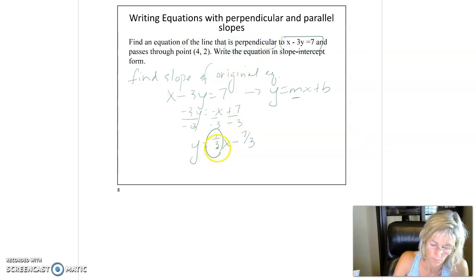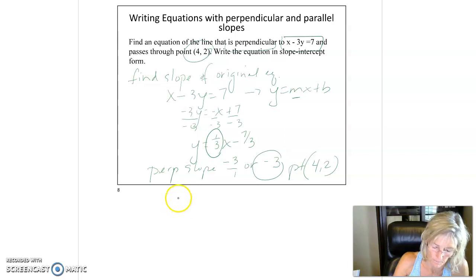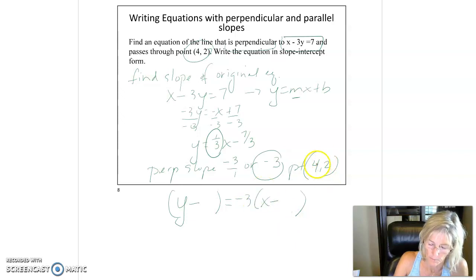So for a slope to be perpendicular to this, my perpendicular slope would be -3/1 or just -3. So now I have the slope and I have my point. Here's my slope and my point is 4, 2. So now I can use the point slope. y minus y1 equals my slope, which goes here, times x minus x1, and now I'm going to plug in my point 4, 2. The x goes next to the x, the y goes next to the y.